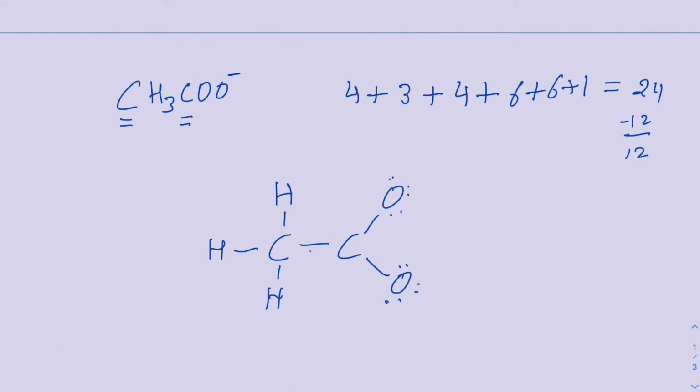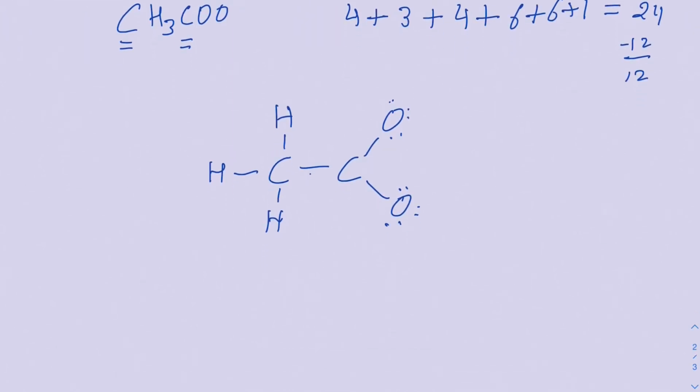Alright, so before you actually finalize your structure, you've got to make sure you have everyone happy in terms of the octet. And it seems like this first carbon is fine, so that one is good. And then this second carbon doesn't really look that good because it's got only 3 bonds around, so it has an incomplete octet.